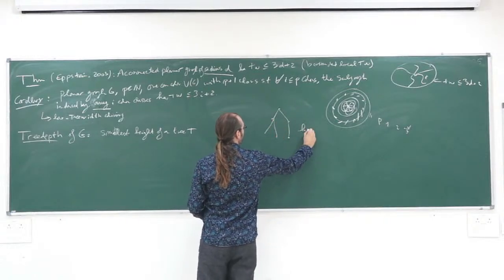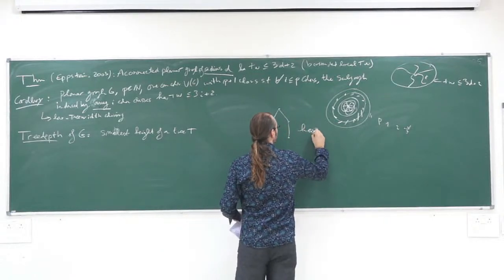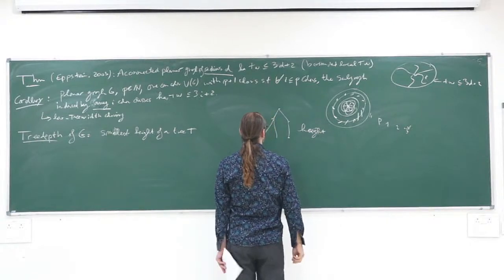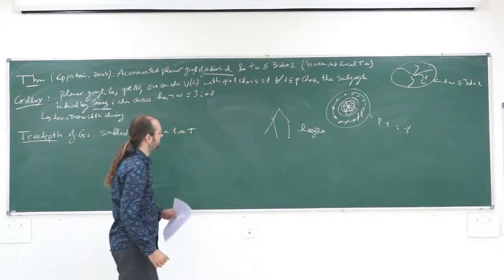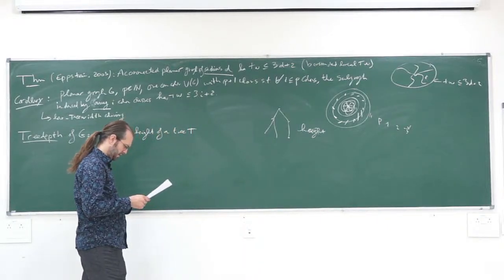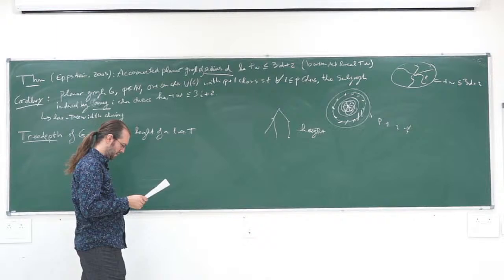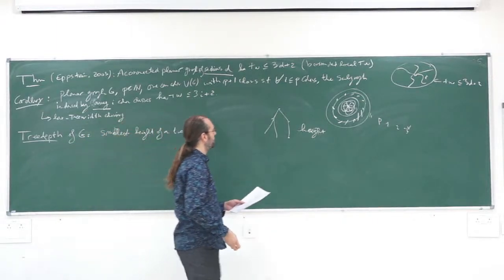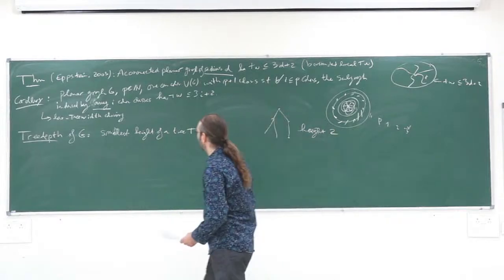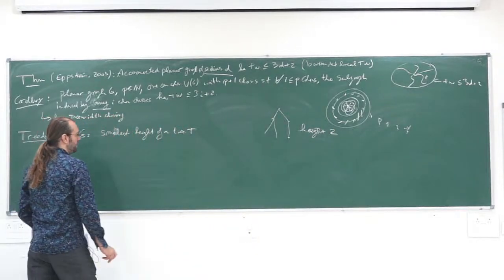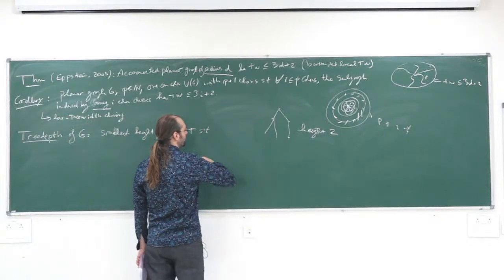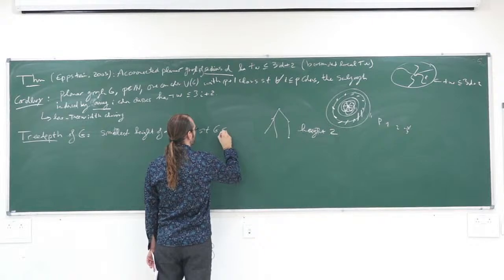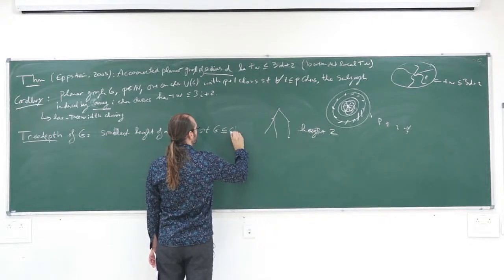This has height equal to 2. Or maybe we take the number of edges, I'm not sure. No, tree depth 1, I think, are stars. So the smallest height of a tree T such that G is a subgraph of the closure.